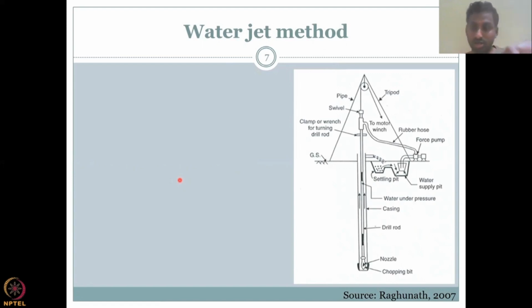You flush water in, and that flushed water flushes out your debris. So this kind of model can be used in regions where there is less stability along the wells, and you don't have enough manpower or funds to get a digger to dig it in.